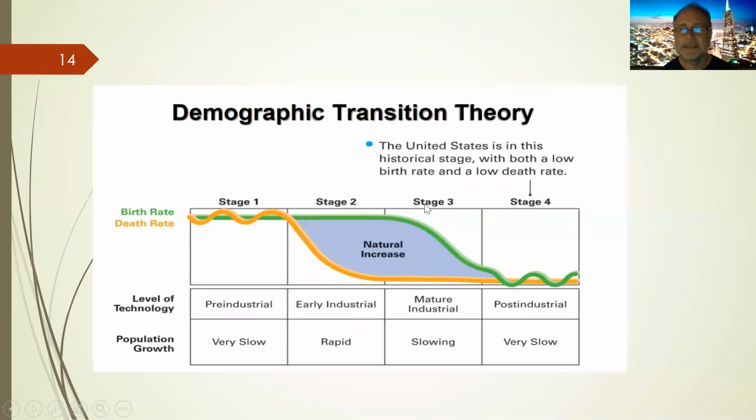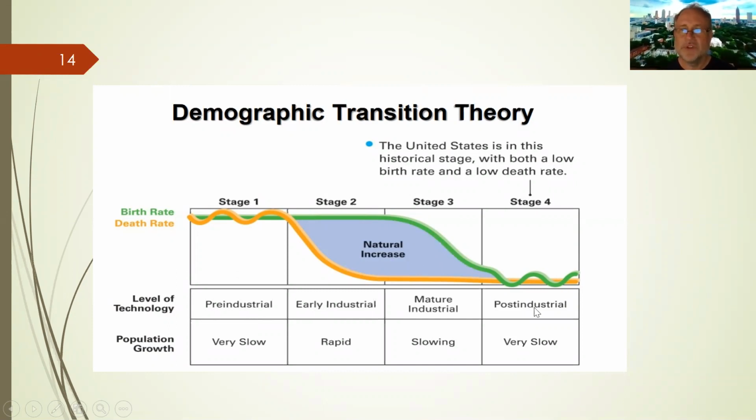When you move into stage 3, the birth rate will start to go down. Why? Because it is expensive to have children in industrialized countries. And the death rate stays low because people have access to nutritious food and clean water. So the population will start to subside.